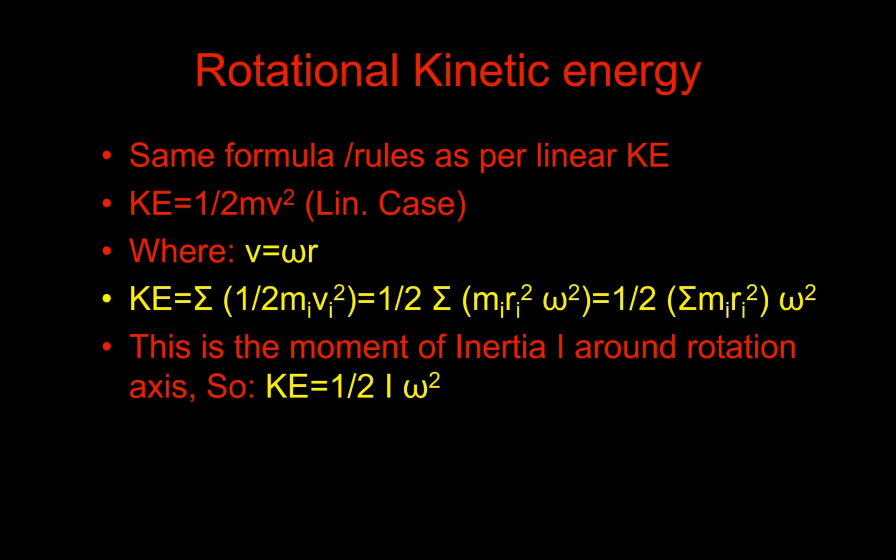So not only can we say KE is half mv squared, where v is equal to omega r, and then end up with 1/2 mr squared omega squared, we can also say that with the moment of inertia I, KE is 1/2 I omega squared. Sorry about the font, that's an I.